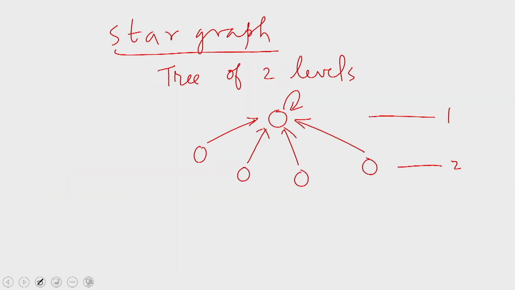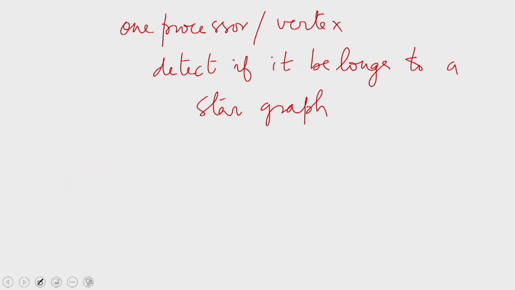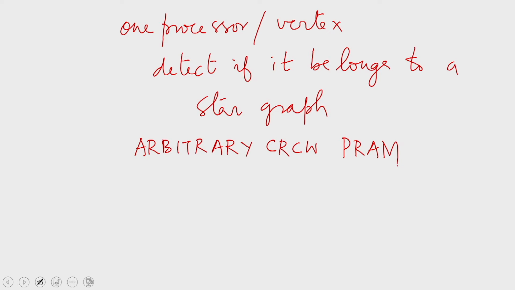So, we should be able to check whether a vertex U belongs to a star graph or not. But remember, we are doing this on an arbitrary CRCW PRAM. Checking for the star property is done like this.